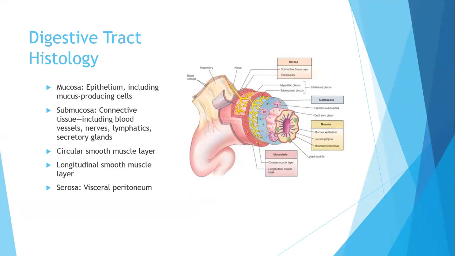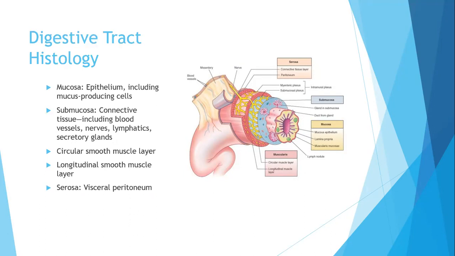The whole digestive tract, that whole tube, has layers to its wall. It basically has 5 continuous layers: the mucosa, the submucosa, the circular smooth muscle layer, the longitudinal smooth muscle layer, and the visceral peritoneum, which is the serosa.